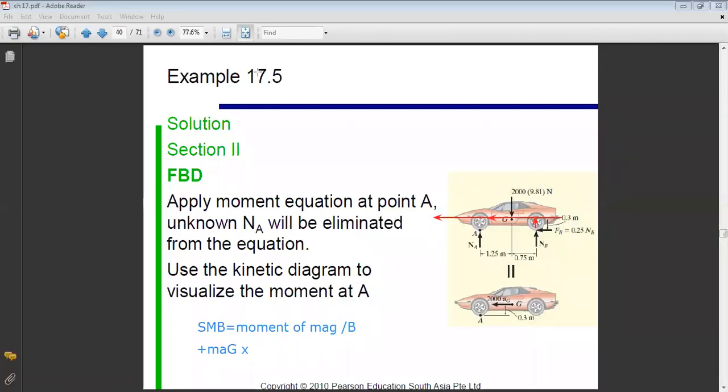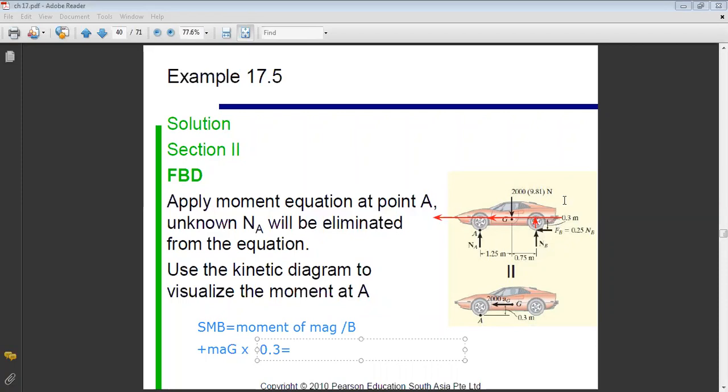So I multiply MAG by 0.3, which equals the sum of moments about B. What is the sum of moments about B? I don't have the moment for NB and FB.